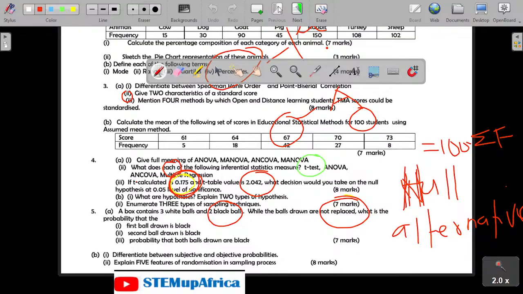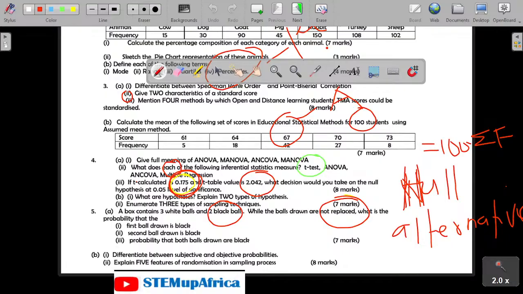Subjective is based on personal belief, judgment, experience, or opinion. When you say something subjective, it's your own personal opinion. Like if we are in the night and I say we are in the morning, that is a subjective statement. But what is objective reality? What is objective truth? We are in the night. So subjective is based on personal belief, preferences, and opinion.